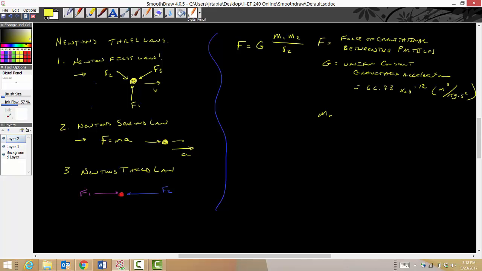And then what you have is M1 and M2. Those are your particles, and these are the masses of the particles. And then R is the distance between the two particles.